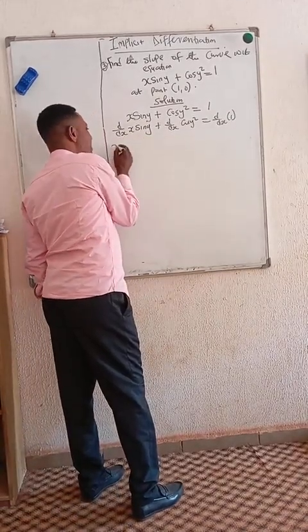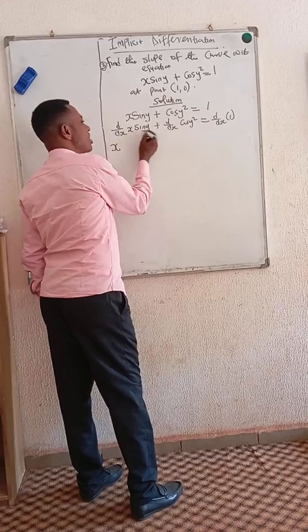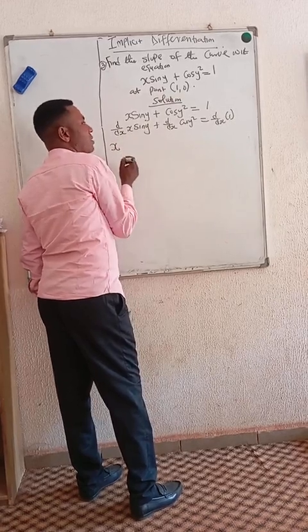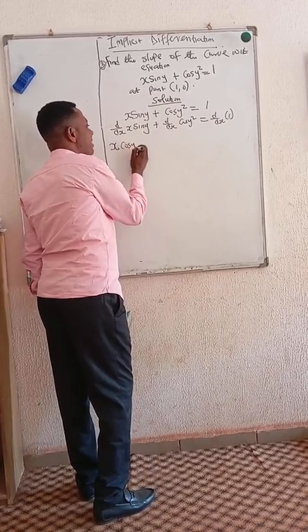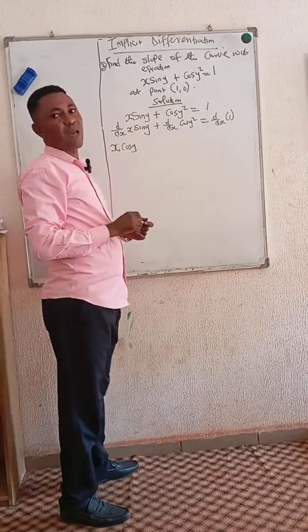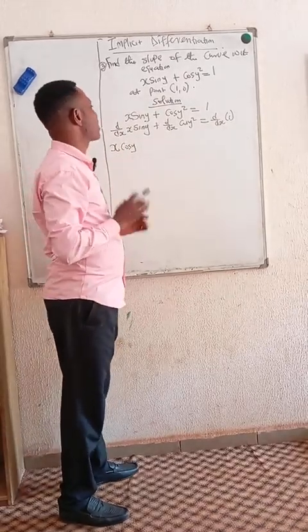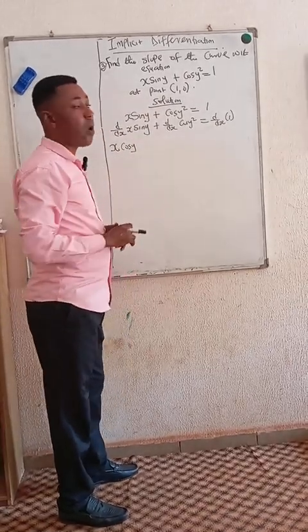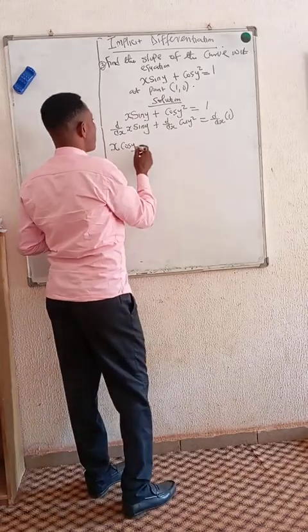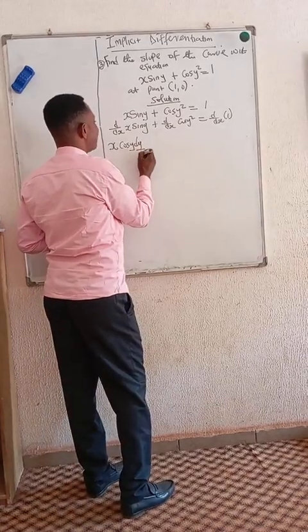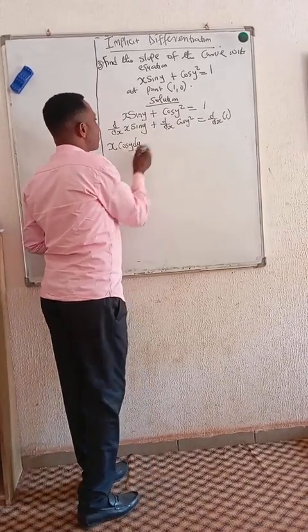Let's keep x constant to differentiate sin y. When you differentiate sin y, you have cos y. But mind you, anytime you are differentiating with respect to y, you multiply the result by dy/dx. That is why we have dy/dx multiplied by the result.